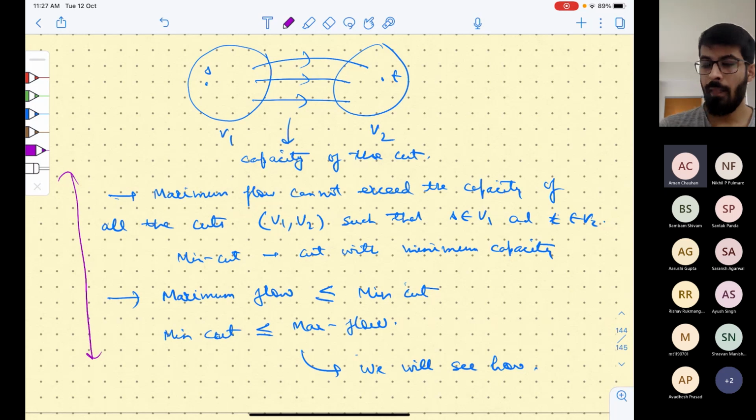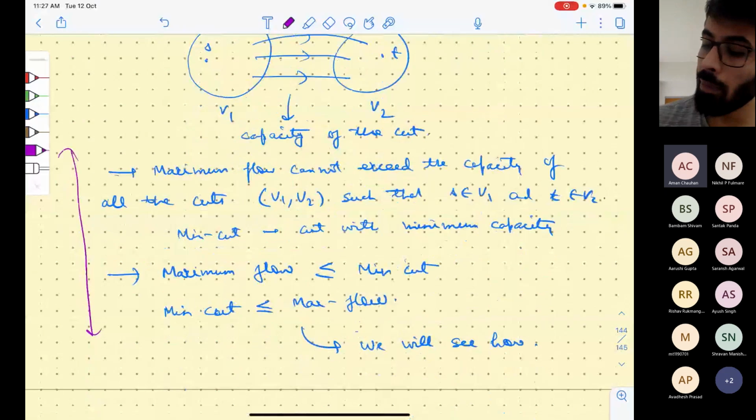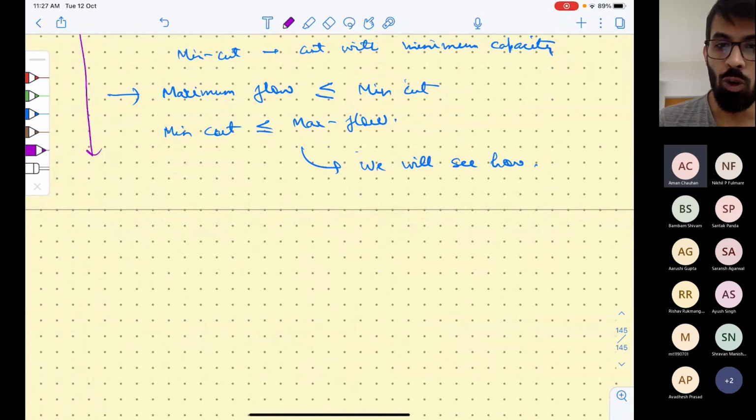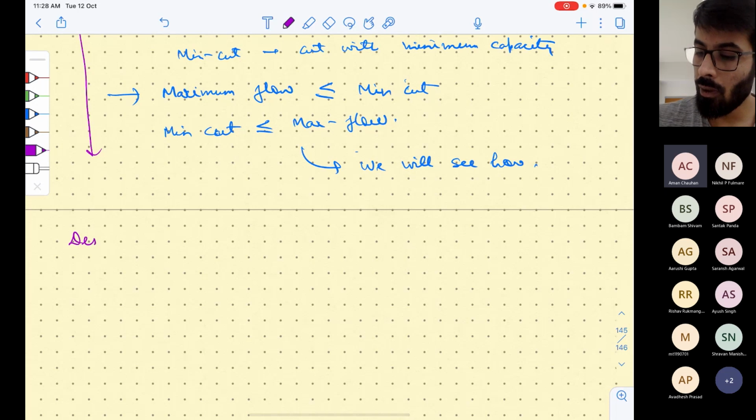Okay. Good. But let's now go back to the maximum flow problem and try to design an algorithm for it, because that's what we wanted to do. We want to send as many things as possible through this flow network. How can we do that, right?